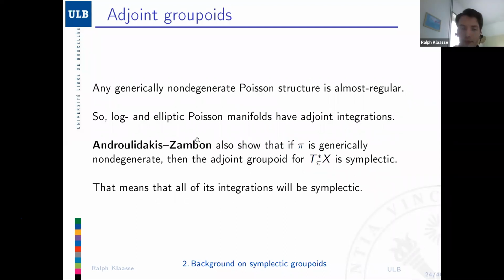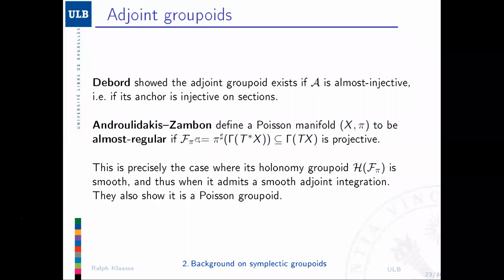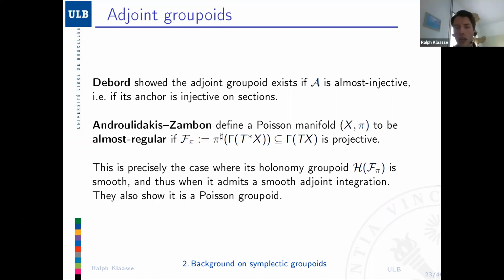Sorry, in the previous slide, when you say that this is precisely the case where its holonomy groupoid is smooth, what precisely do you mean by holonomy groupoid? Is it a definition by Marco and Jacobos? Yeah, it's the André Dacre-Scandalis one.